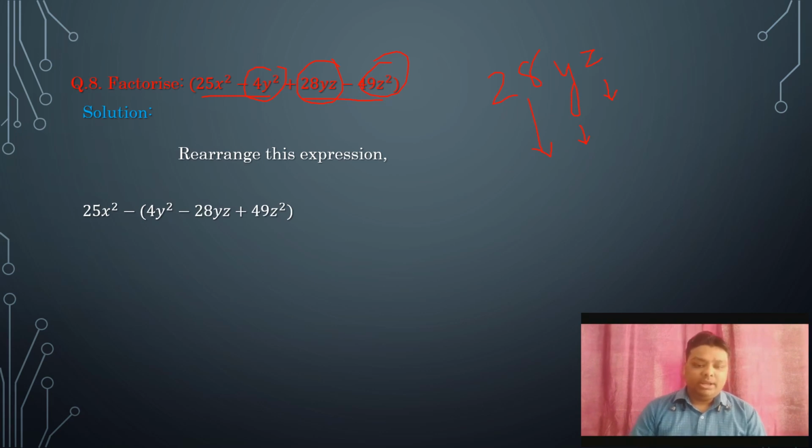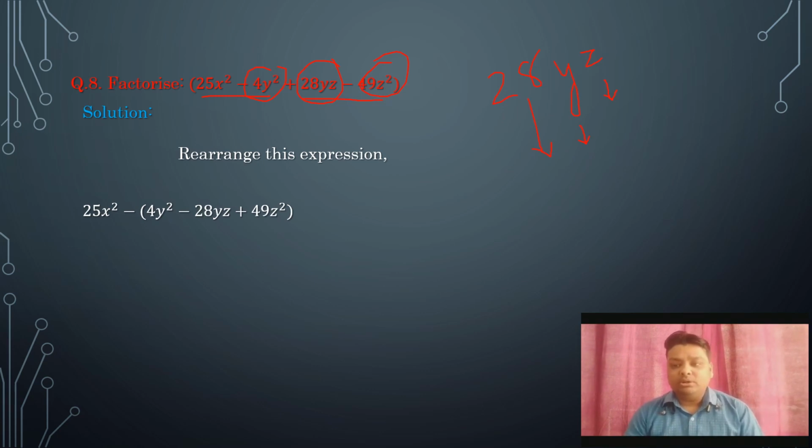Now again you can see, if the first term and the last term are based on any formula, 4y square is based on 2y the whole square. And the last term is 49z square. It is the square of 7z, 7z to the whole square.